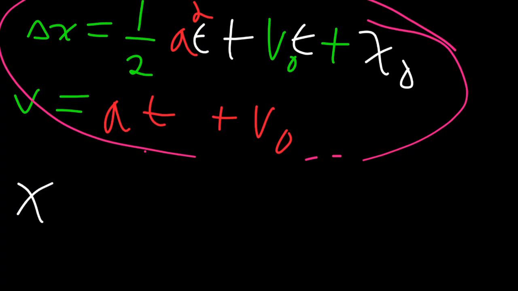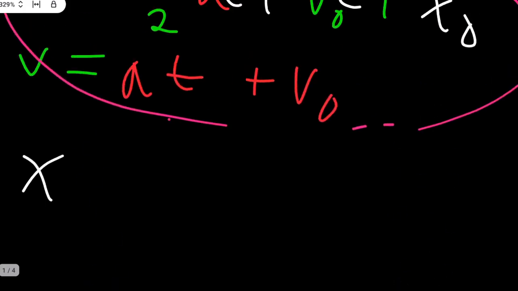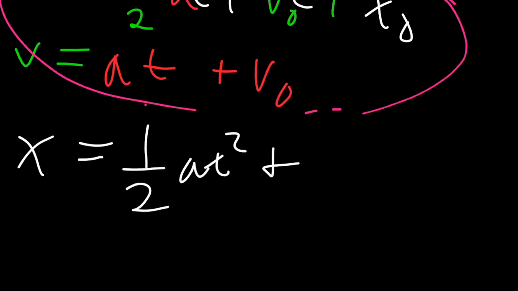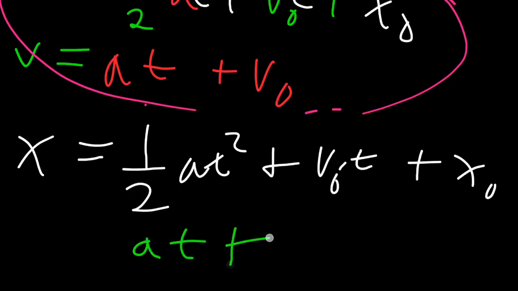So, if we implicitly differentiate this function here, delta x, and we know it equals 1/2 at squared plus v initial t plus x initial, and we derive this, what's it going to be? It's going to be, bring the 2 down, at plus v initial plus 0, and this becomes our velocity function.